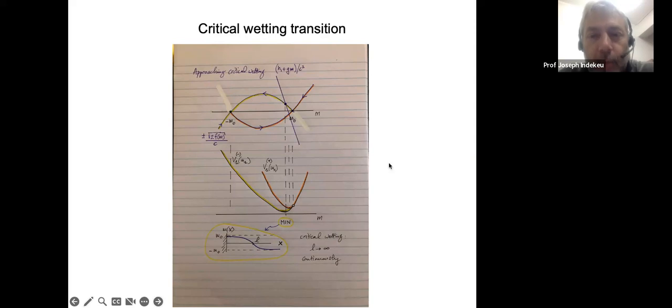And at that particular instance, when that happens, we are also arriving at the wet state, but we have done so in a continuous fashion.